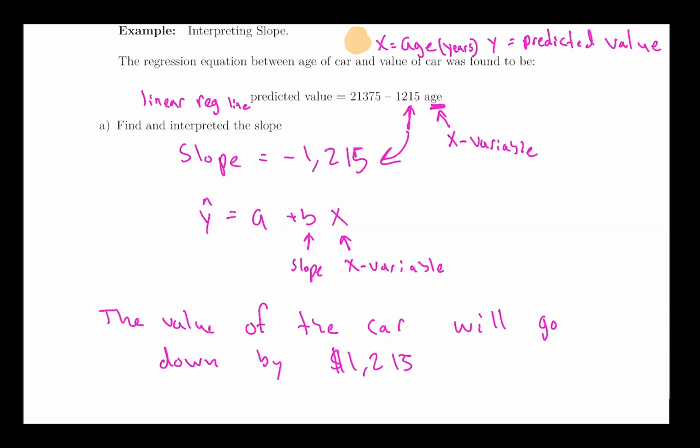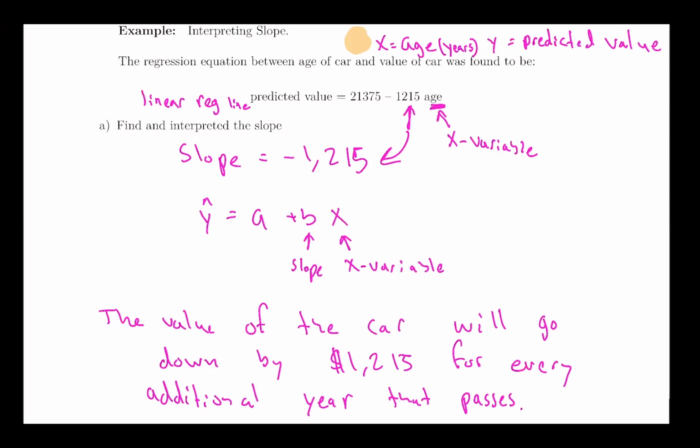So we're going to say the value of the car would go down by $1,215 for every additional year that passes.